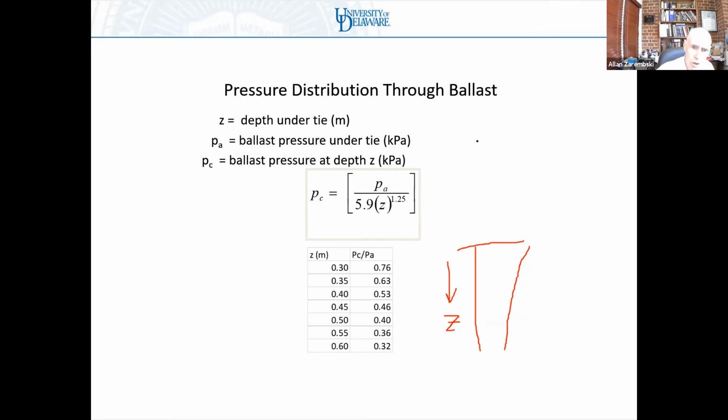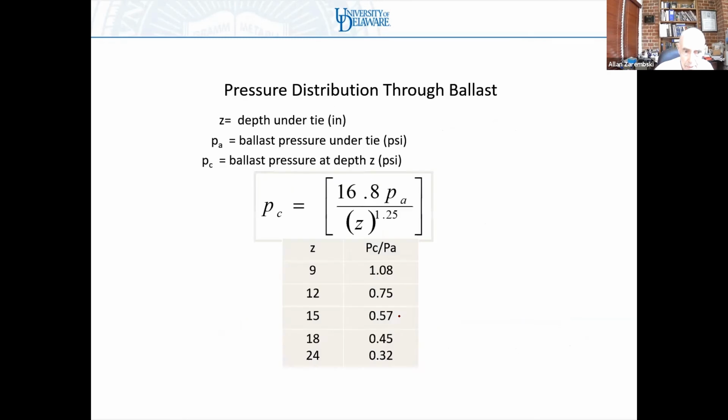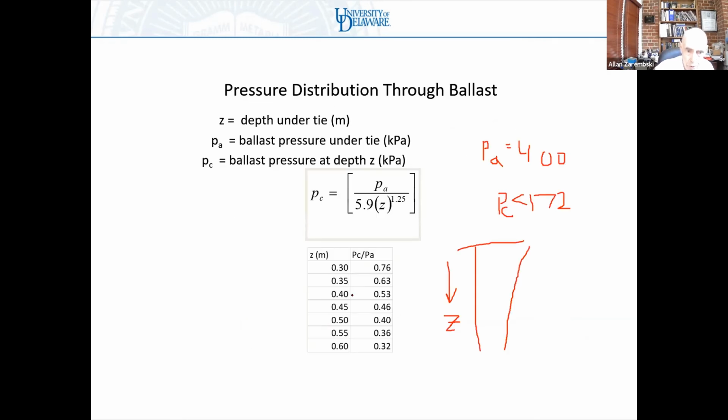So if we took the same problem I just gave you before, if P sub A is equal to 400, and you're setting P sub C has to be less than 172 kilopascals, then if you use a depth of 0.4 meters, you're about 0.53 times 400.